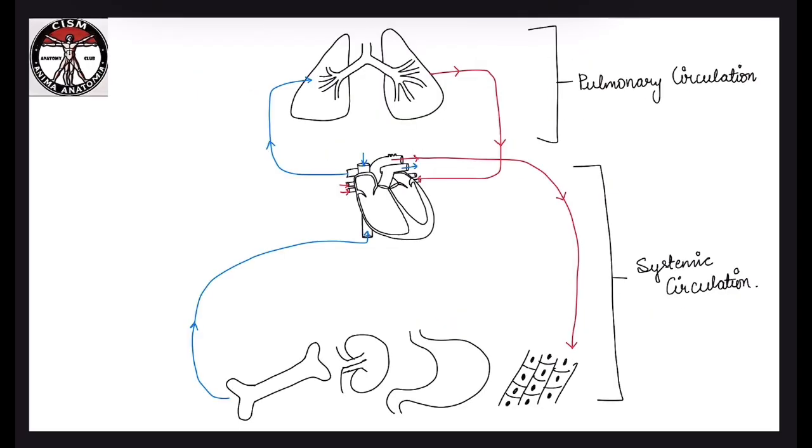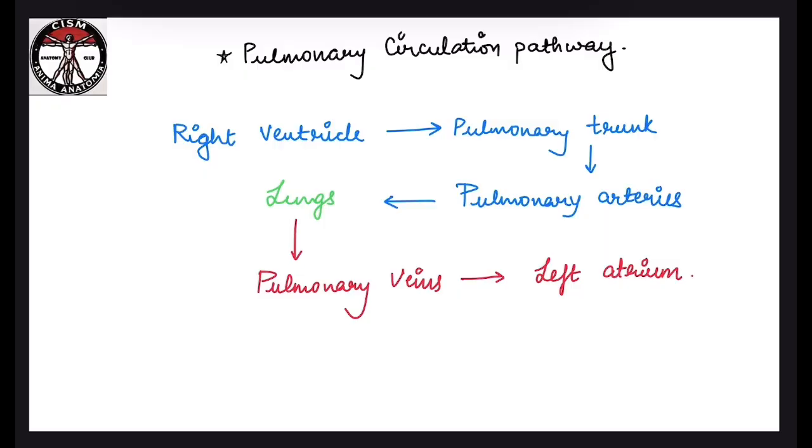Here in the diagram, you can see the pulmonary circulation, which is between the lungs and the heart, and the systemic circulation, which is between the cells, tissues, visceral organs, bones, etc., and the heart. Now we will talk about the pulmonary circulation. The term which is in blue carries the deoxygenated blood, whereas the term which is in red carries the oxygenated blood. So first, the deoxygenated blood starts from the right ventricle and is transported to the pulmonary trunk.